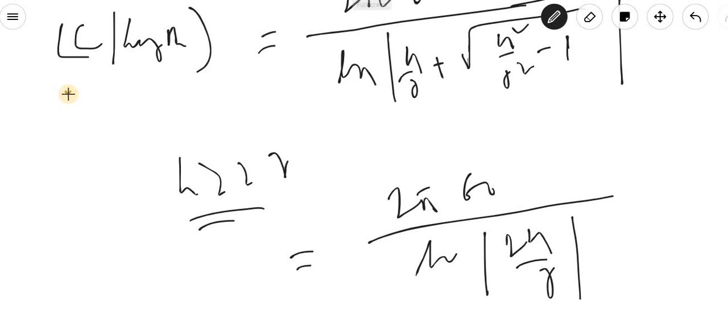Now we will be discussing some points on this, why we consider this rho L distribution along this transmission line.